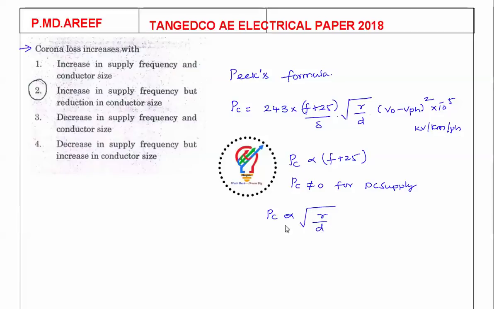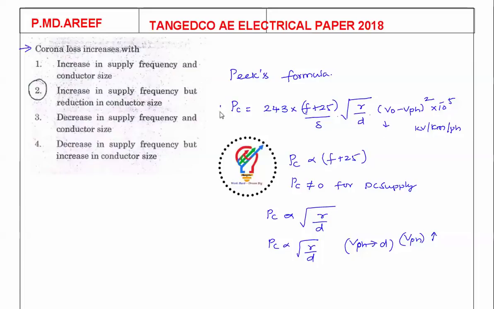Now, PC is inversely proportional to r by d, but here we should remember one point: that V0, sorry, Vph depends upon this diameter here. Now as Vph increases, automatically this total term is going to decrease.